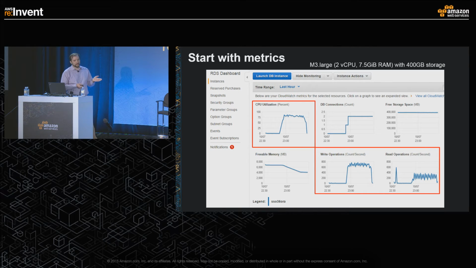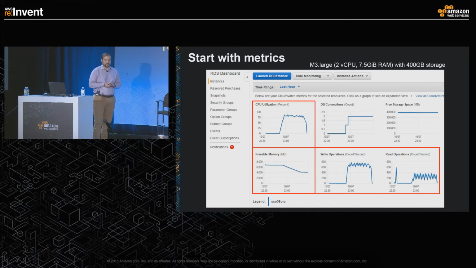I'm also going to look at my reads and writes. As I said before, the ratio of my writes to my reads is about 2 to 1, and you can see it easily in the dashboard. I'm getting about 600 to 800 writes per second, and about 200 to 400 reads per second.